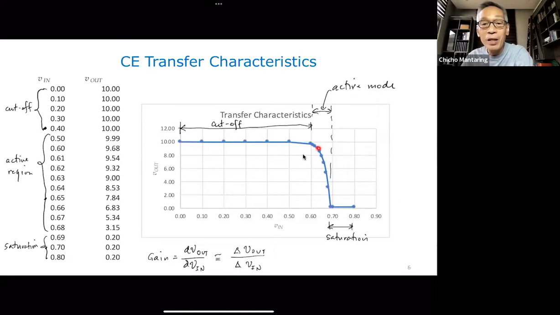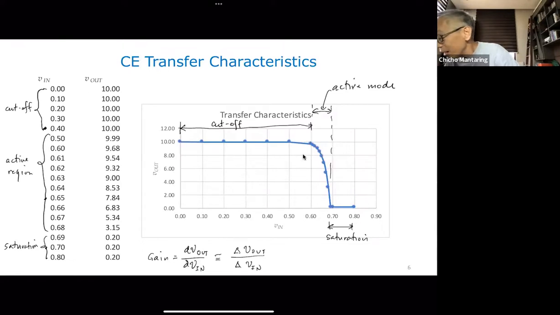Your gain is the rate of change in output with respect to your input. So that is in effect the slope of the line at this point. Where will the slope be larger? Will it be up here or will it be down here? I've actually already given the answer.